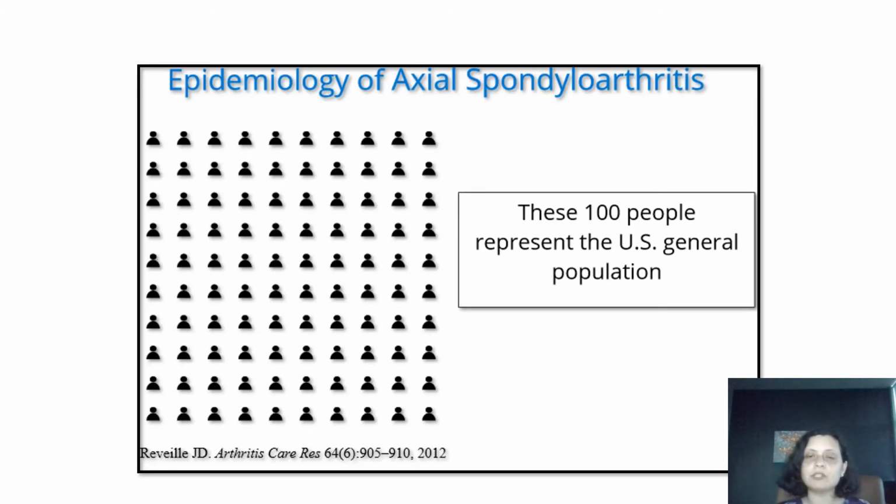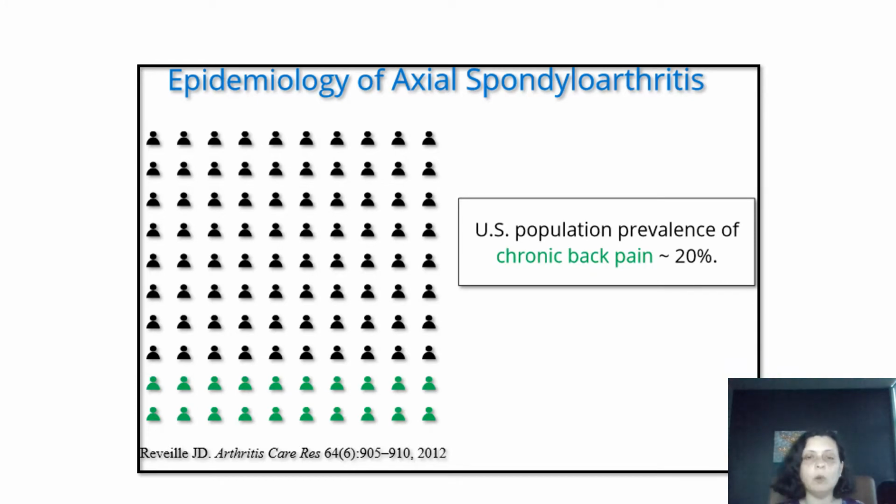So let's understand how prevalent this condition is, because you know that back pain is pretty prevalent in the United States, right? So let's take a step back and think about it. So these are 100 people. They represent the US general population, okay? Now, there was a study done called ENHANCE, and they surveyed the general US population, okay?